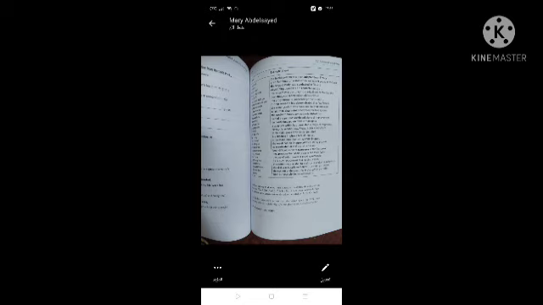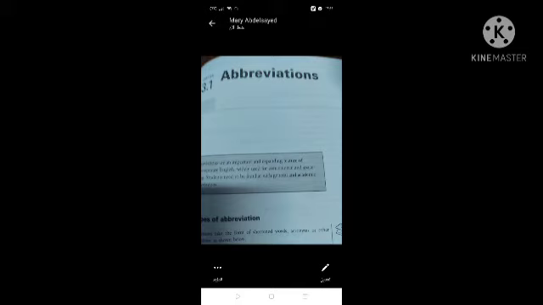Like absolute, relative, abstract, concrete, logical, illogical, etc. Rational, irrational, relevant, irrelevant. And you have some very good examples followed by the tables, and we have practice C.